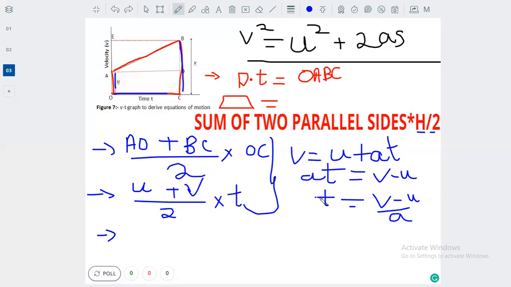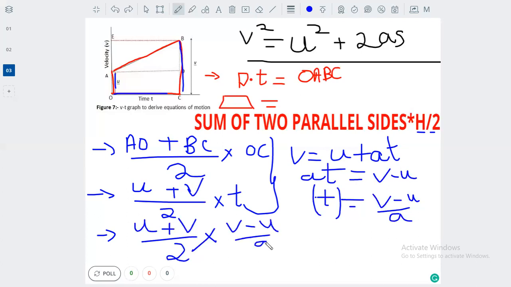So in place of time, you have to write V minus U by A. This is how we are going to eliminate the time. Just note everything I'm writing. So we have eliminated the time by placing V minus U by A through the first equation. Write therefore, first equation. In your classwork, you should write it in your notebook or anywhere you want. You have to write this.